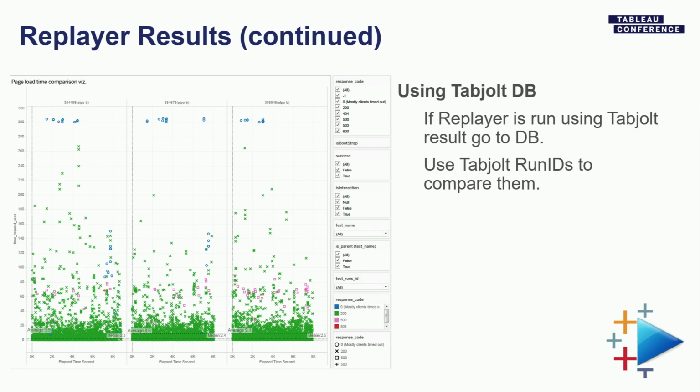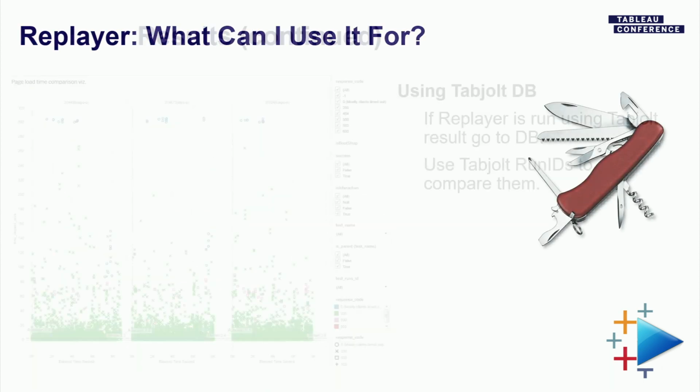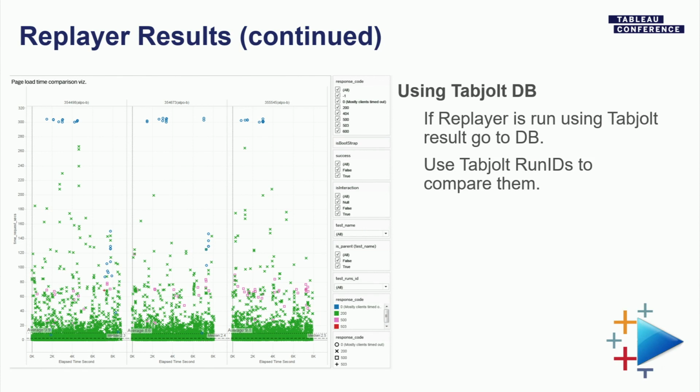This is a TabJolt Viz. What you're seeing is a timeline, a 2-hour run. Each dot represents the time taken to load a Viz. The green ones are all success. The rest have some failures.